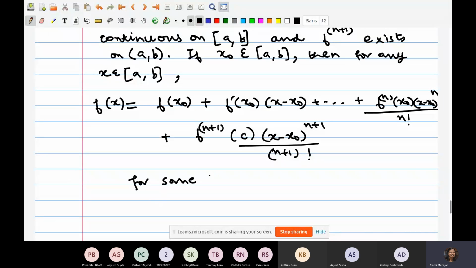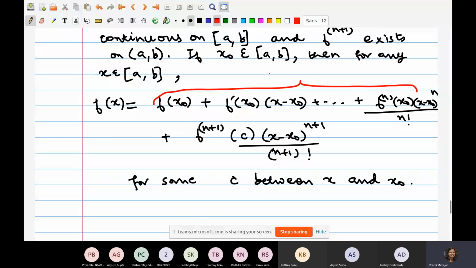For some c between x and x naught. So what is this saying? Let's recall that this term here is exactly the nth Taylor polynomial for f at the point x naught.